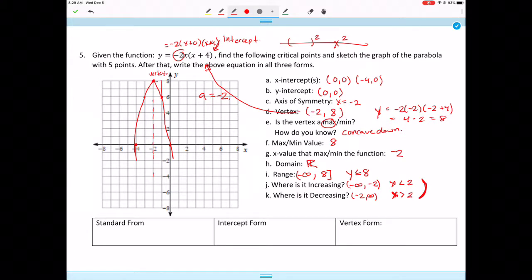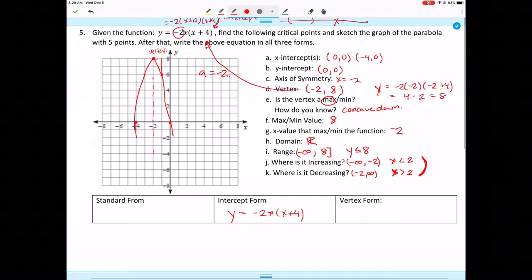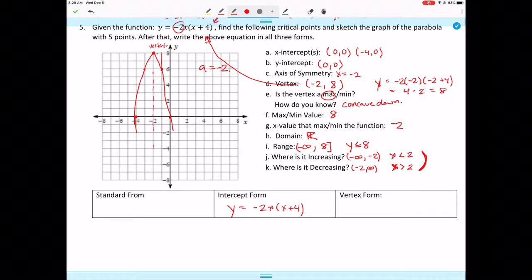All right, so we already have the intercept form, y equals negative 2x times x plus 4. If we want to have standard form, we can just distribute. Distribute this to those two terms inside. That will give us y equals negative 2x squared minus 8x.